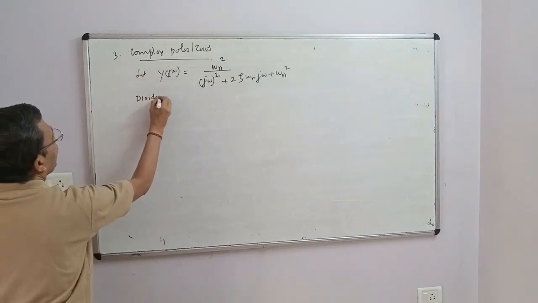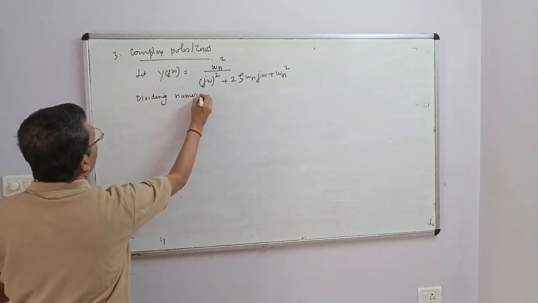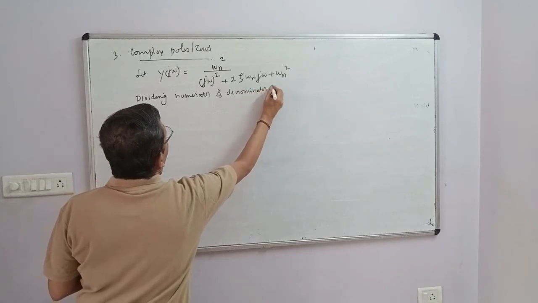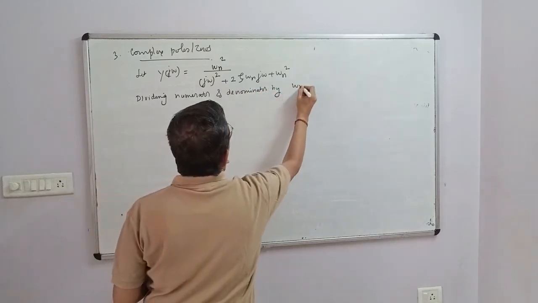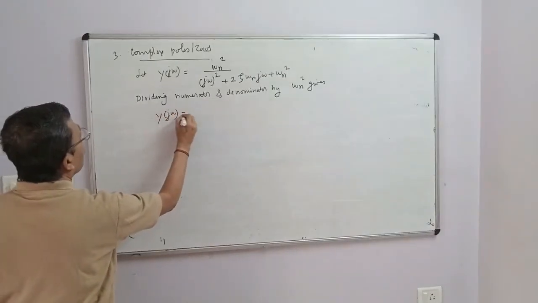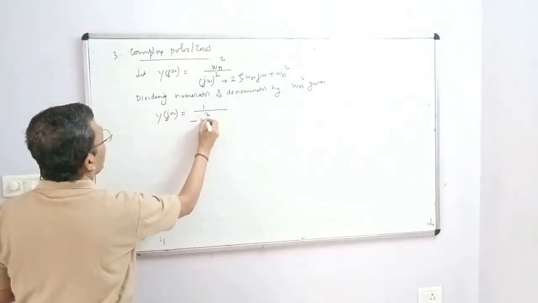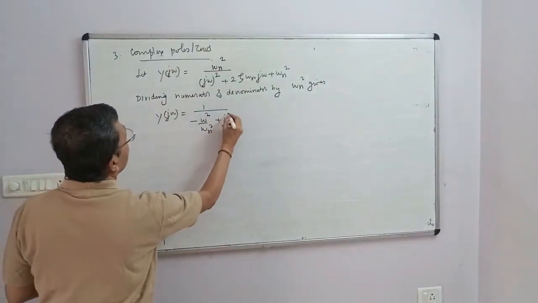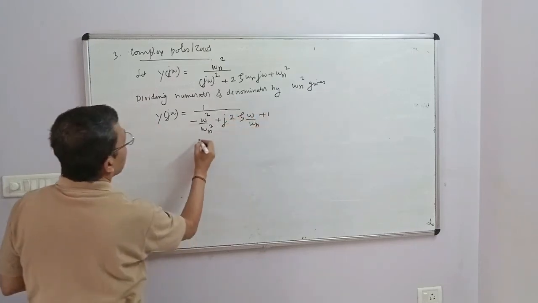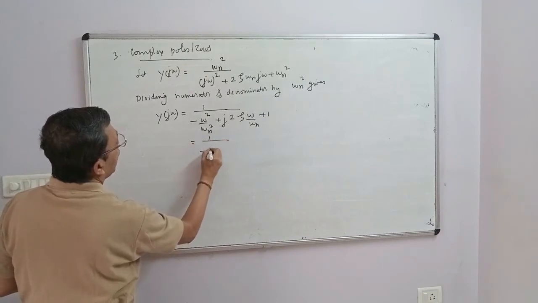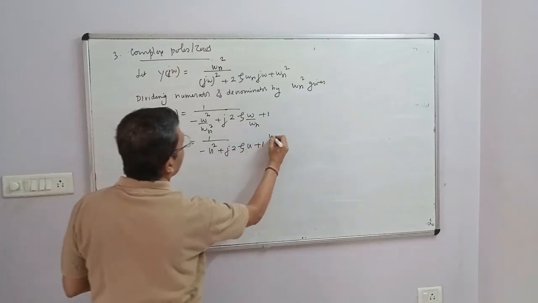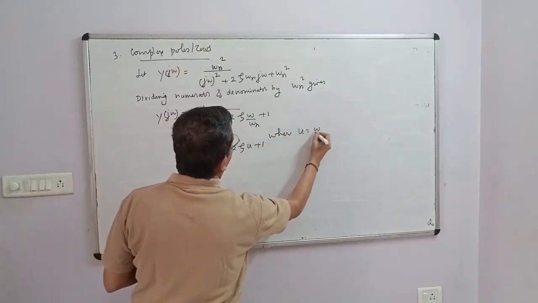Dividing numerator and denominator by omega n square gives y of j omega is equal to 1 divided by minus omega square by omega n square plus j times 2 zeta omega by omega n plus 1, which is equal to 1 over minus u square plus j times 2 zeta into u plus 1, where u is equal to omega by omega n.